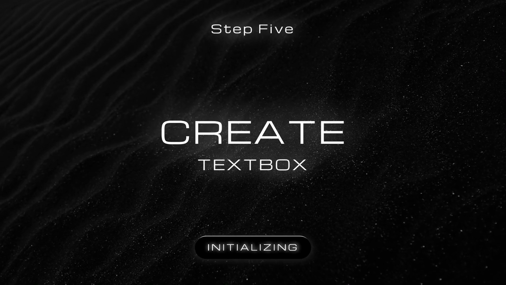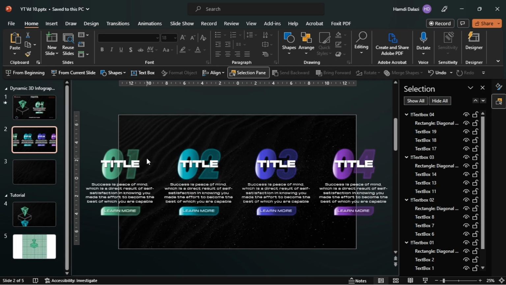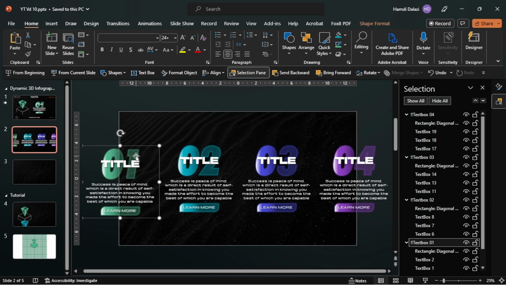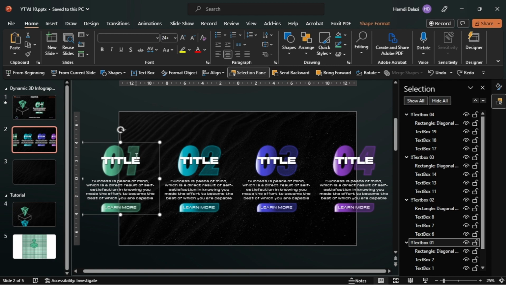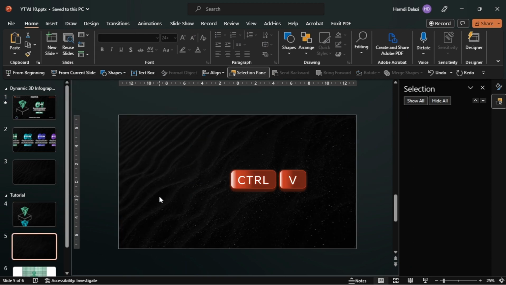Now let's create text boxes. To create a text box, I'm just going to use one from my previous presentation. Let's just copy this. Let's insert a new slide and paste it here.